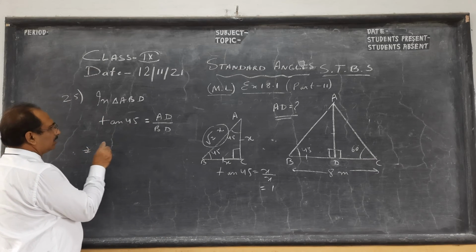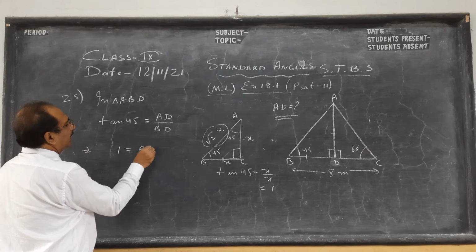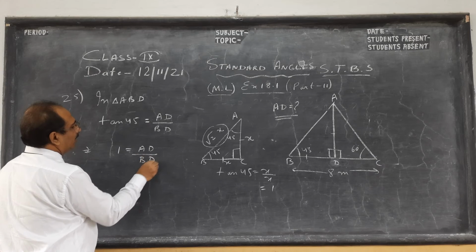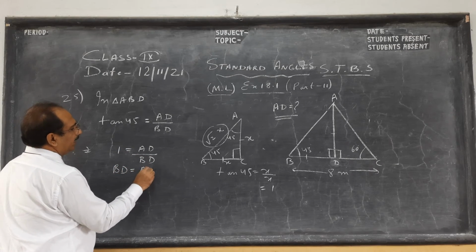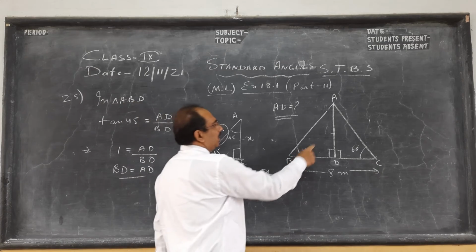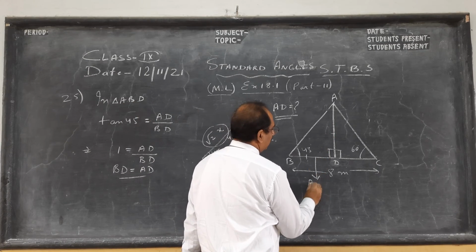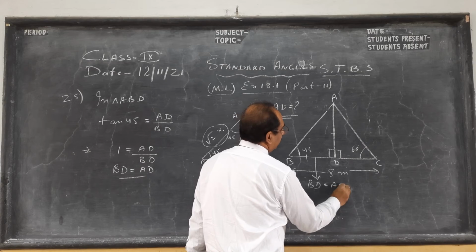Standard angles, you can see my tricks video. So AD by BD is 1, which means BD is equal to AD, these two are equal. So in place of BD I can substitute AD.